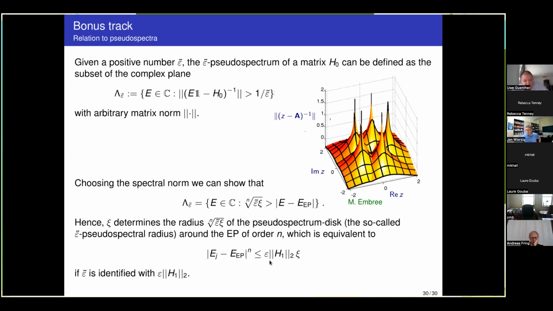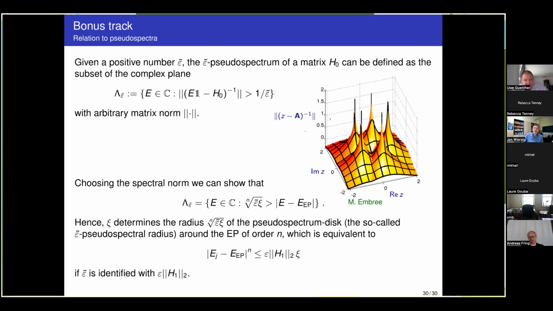In this sense, this inequality is the same when we identify epsilon tilde with epsilon times the spectral norm of H1. So in this sense it's, let's say, well known, but my focus is on this xi. It's a kind of growth rate in the vicinity of the exceptional point, describing how the energies are influencing this spectral landscape in a certain sense.